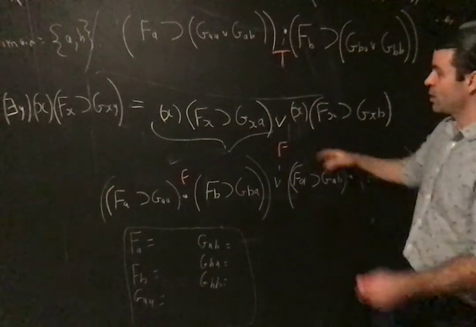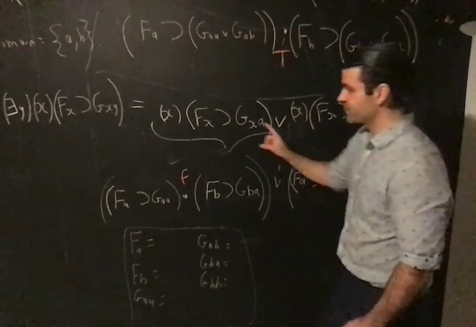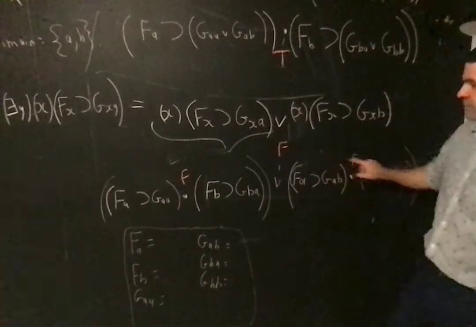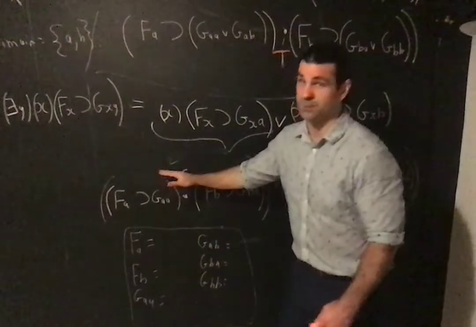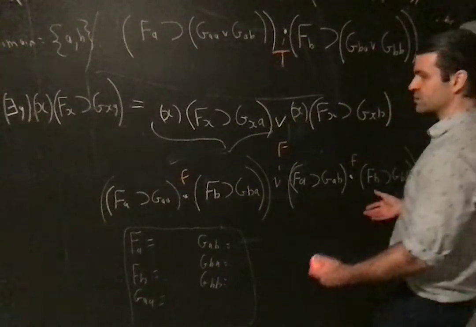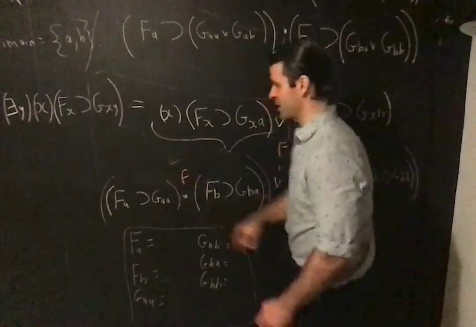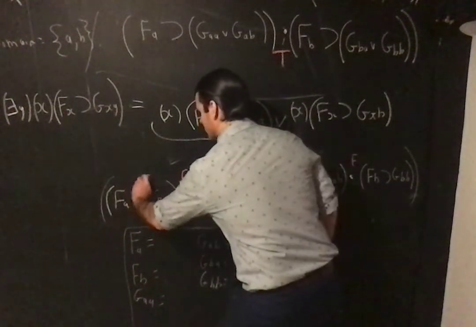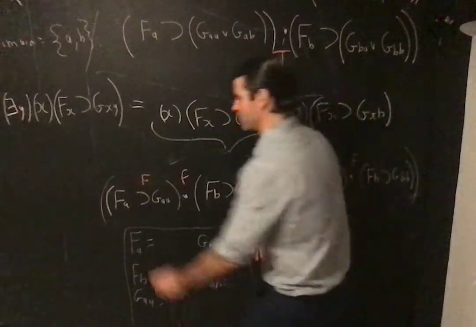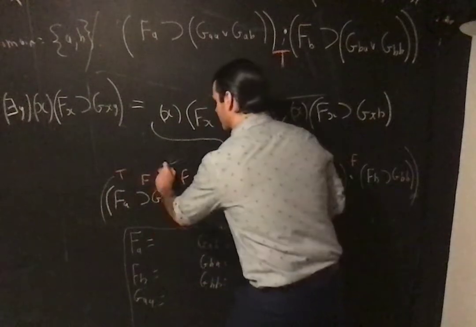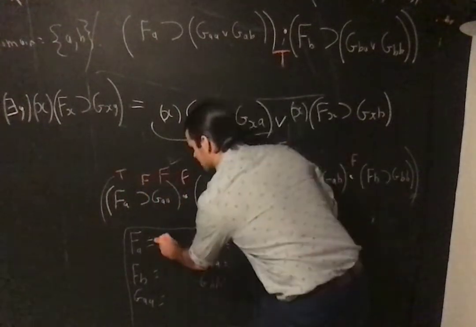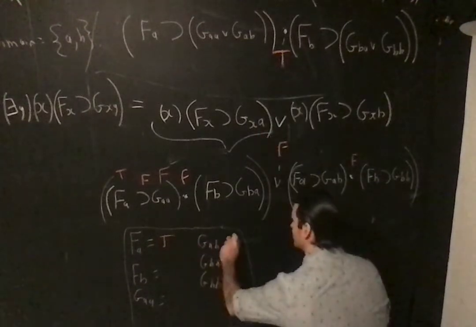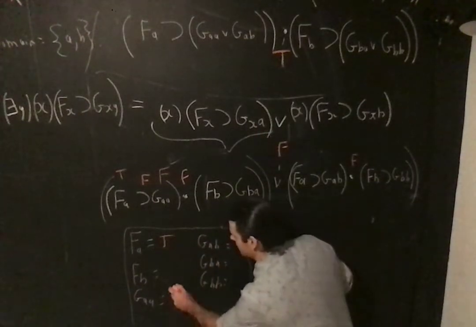But let's see if we can. We do satisfy the requirement if we make one of the 2 conjuncts false in both cases. So let's start here. Let's make this guy, the left conjunct, false. There's only one way we can do that. We have to have antecedent true, consequent false. So this is our attempt: FA true, GAA false.